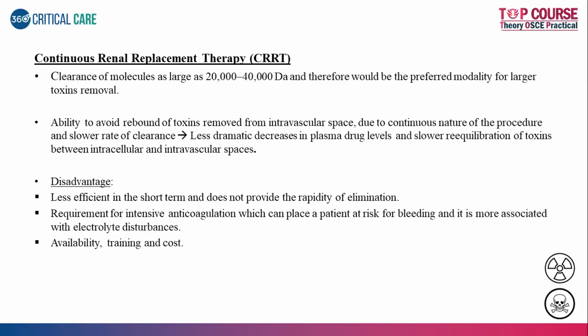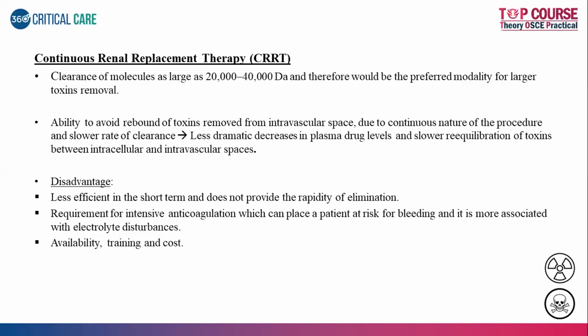Now coming to your CRRT. CRRT can remove higher molecular weight substances, 20,000 to 40,000 Dalton substances. And the important advantage here is that the rebound of toxins will be comparatively less than in intermittent hemodialysis.